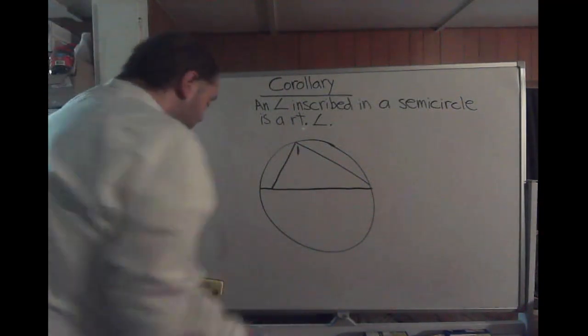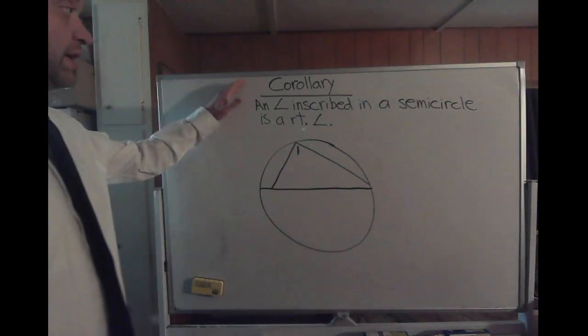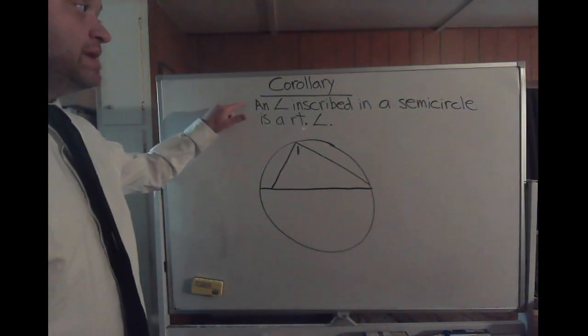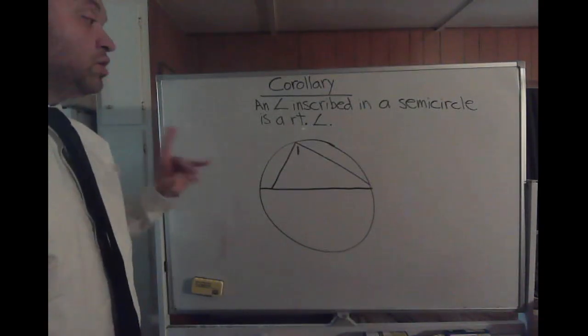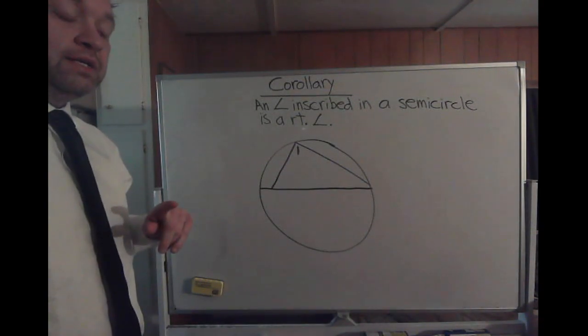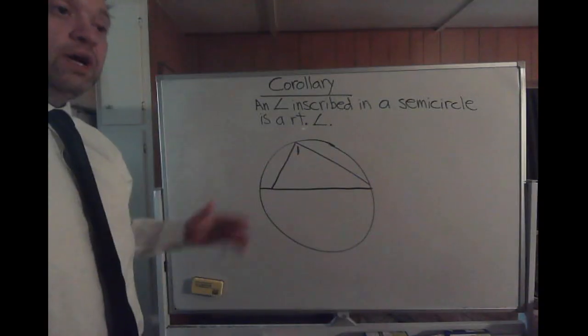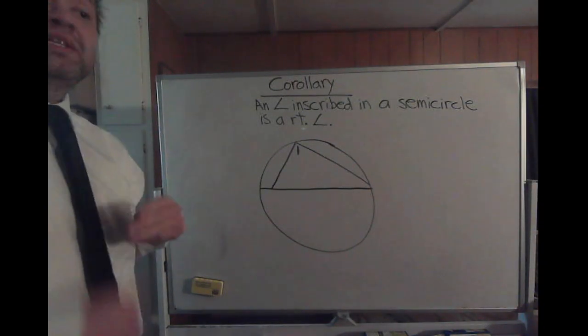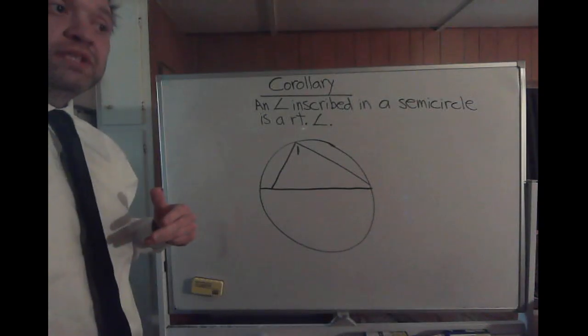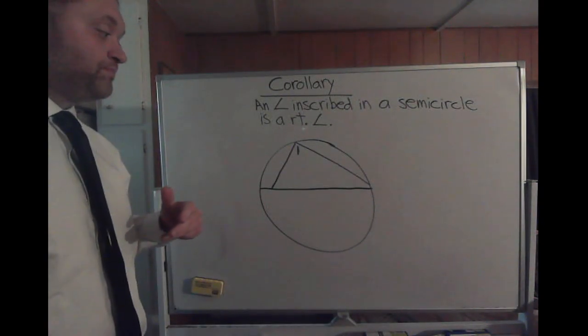So this corollary tells us that an inscribed angle in a semicircle is a right angle. Let's think about this. A circle has a measure of 360 degrees, so a semicircle, half a circle, is 180 degrees.